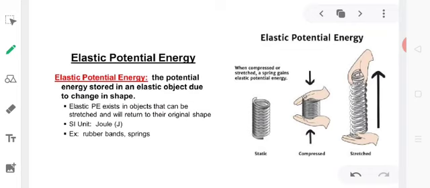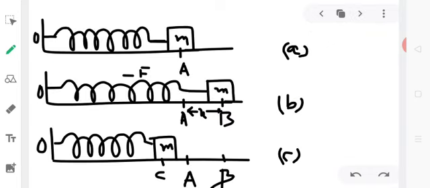In order to calculate it, consider an elastic spring OA of negligible mass. The end O of the spring is fixed to a rigid support and a body of mass M is attached to the free end A. Let the spring be oriented along x-axis and the body of mass M lie on a perfectly frictionless horizontal table, as you can see in the figure.